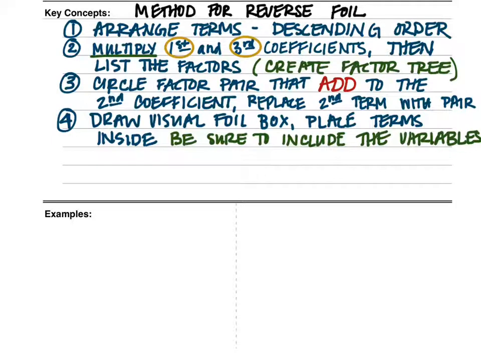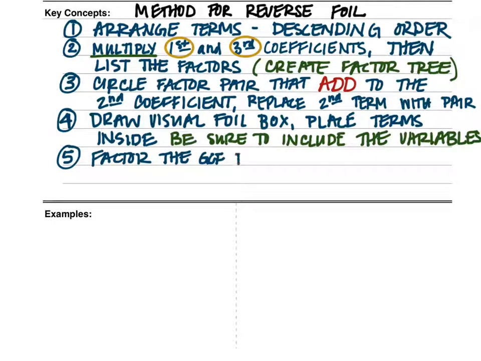In step 3, when we replaced the second term with the pair, rather than a trinomial, we expanded that out to be a 4-term polynomial. With those 4 terms, that's what we're going to place inside that box. I'll show you this all momentarily in our first example.